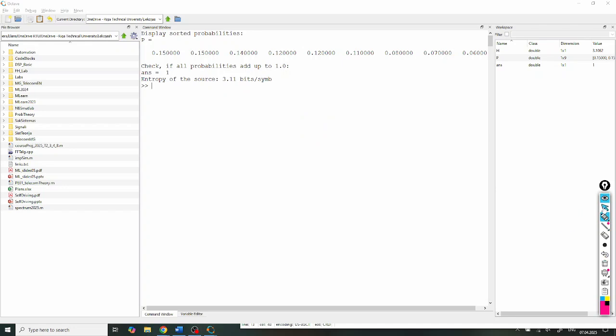Now, if you recall the video record of the lecture, then this entropy, well, the higher this entropy is, the better. What is the case of having the maximum possible entropy for this source?